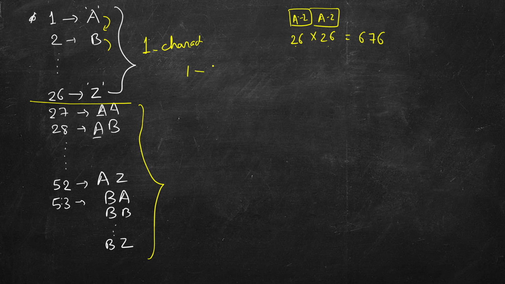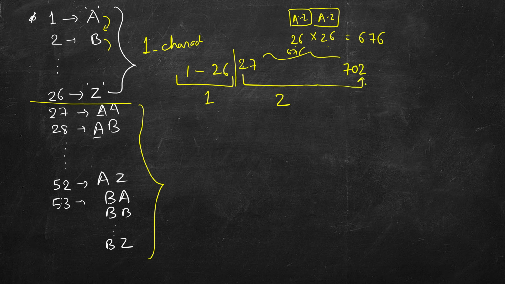So 1 to 26 is one character, 27 onwards is 676 values. So 676 plus 26 brings us to the 702nd position. This 702 will be ZZ, that is, we have exhausted all the possible 2-character column names in increasing order. And at 703 it will be AAA.